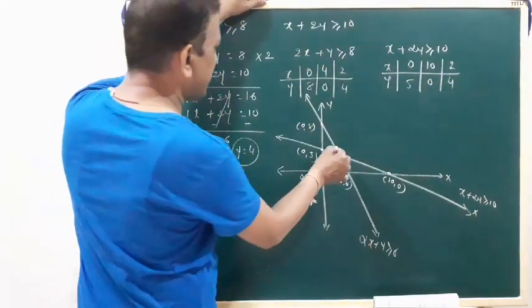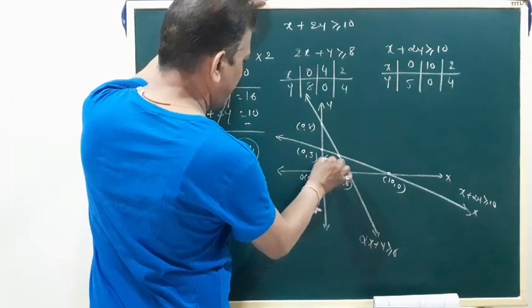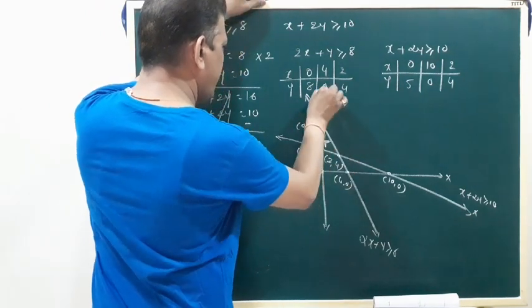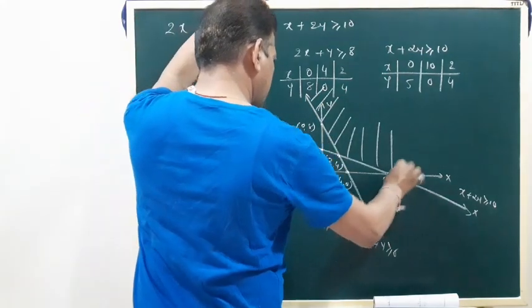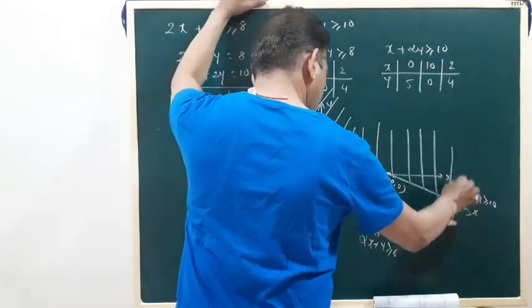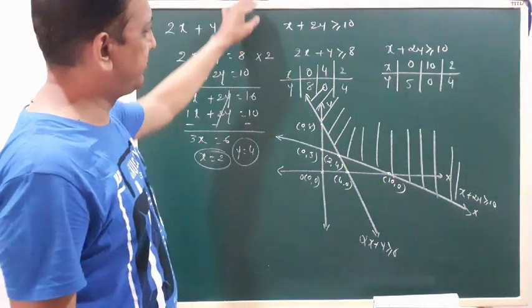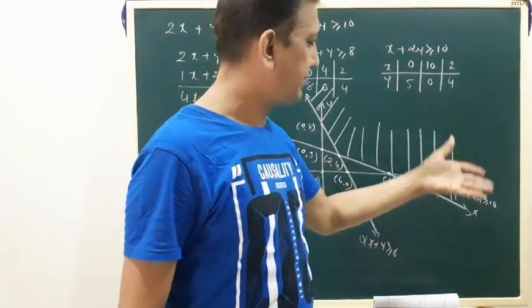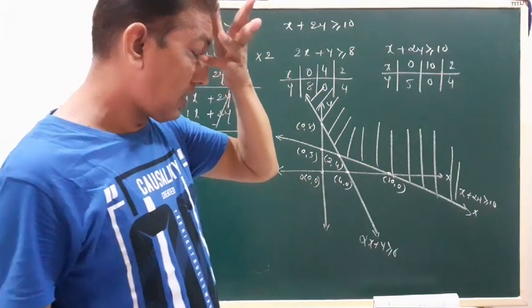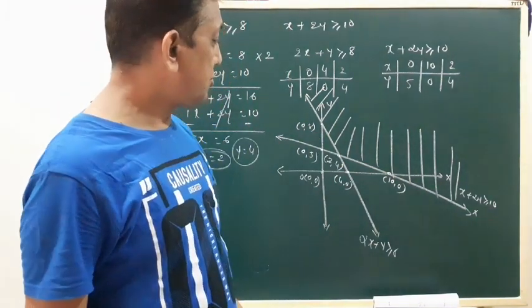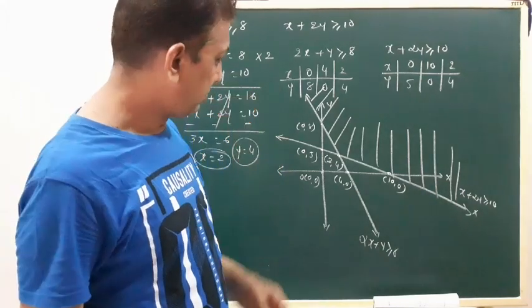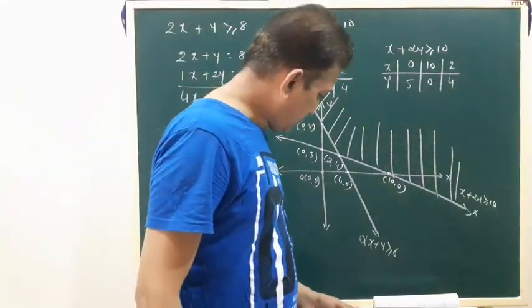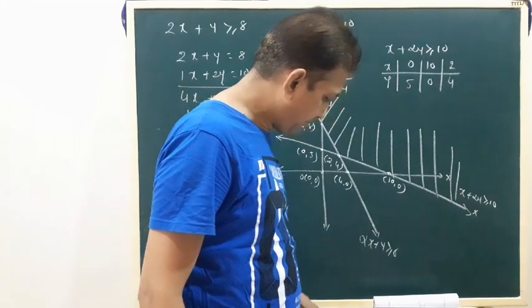The intersection point is here, 2, 4. So the common portion is this one. This is your graph. Is it clear? This is your question number 7.